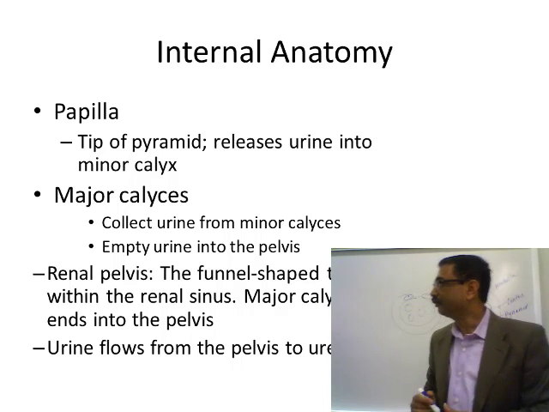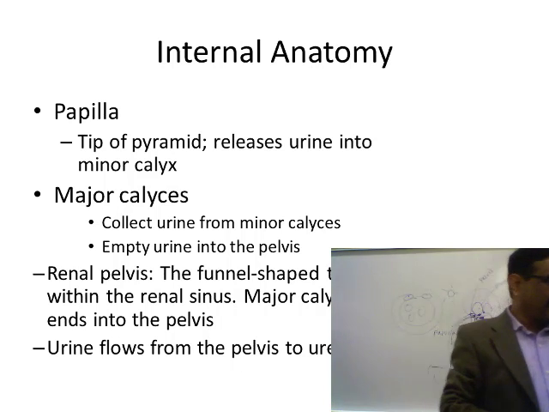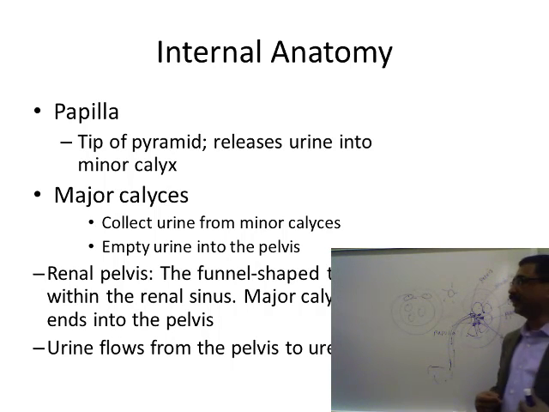This area is the pelvis, and then from the pelvis the urine enters into the ureter. Ureter takes urine to the bladder. So that's how the urine flows. Papilla, minor calyx, major calyx, renal pelvis, ureter, urinary bladder, urethra, outside of the body. Okay. So that is the flow of the urine.